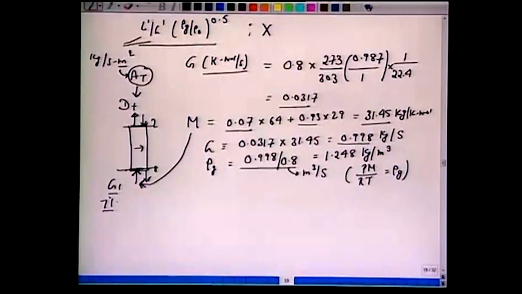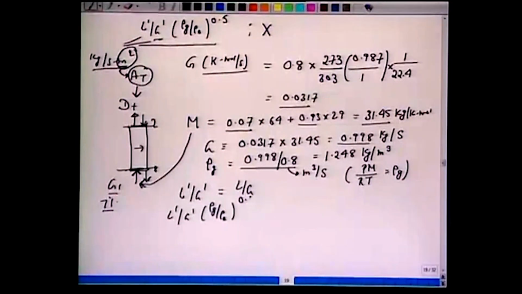Now, notice that this L prime and G prime are given in kg per second per meter square, but the ratio of L prime over G prime will be the same as L over G. So, we calculate this quantity, rho G over rho L to the power 0.5, which is on the x axis.